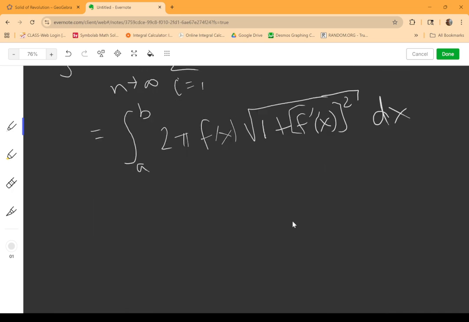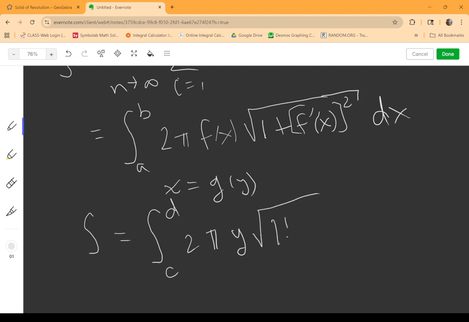Right, so here where it's better if x is g of y, in other words, it lends itself to a simpler calculation. Then the surface area formula is the integral from c to d of 2 pi, and then it's y, still f of x, right? Remember, y is equal to f of x. Still y, and then square root of 1 plus g prime of y squared dy.